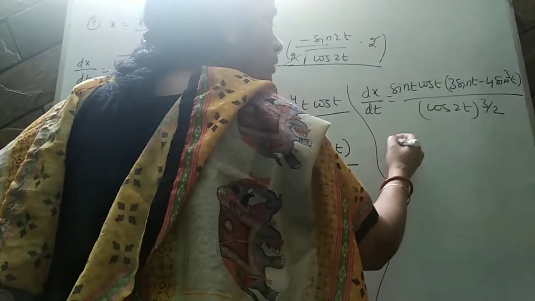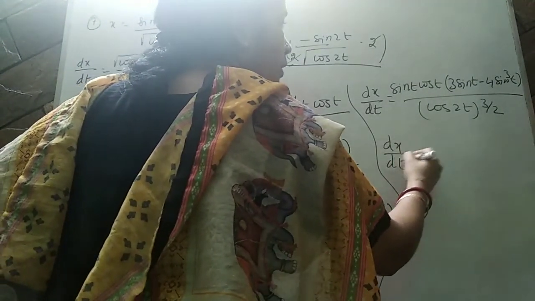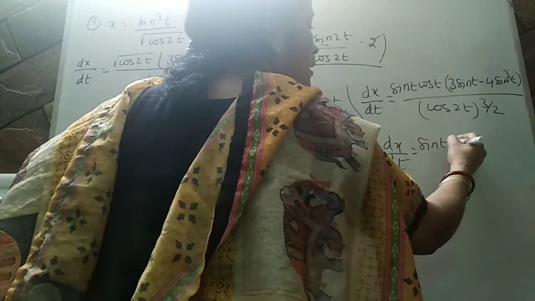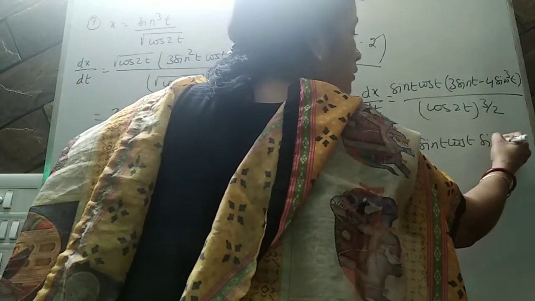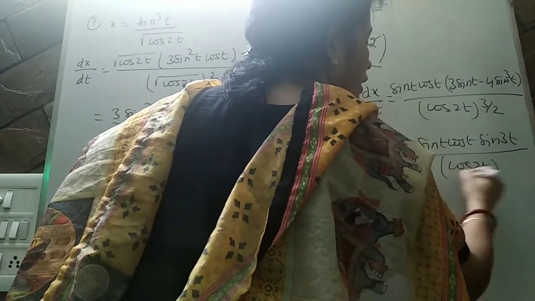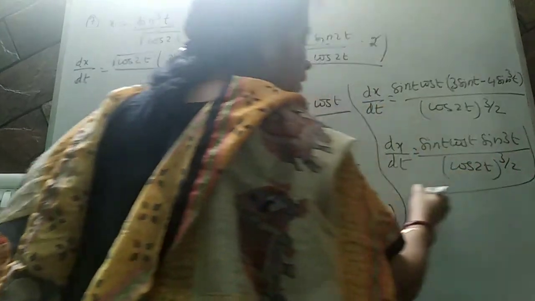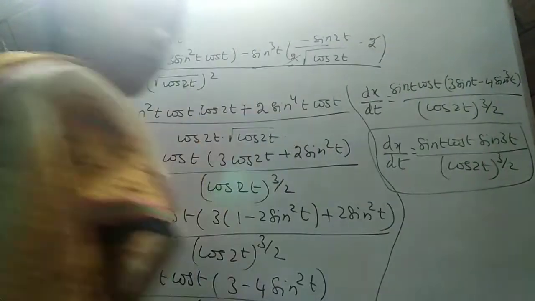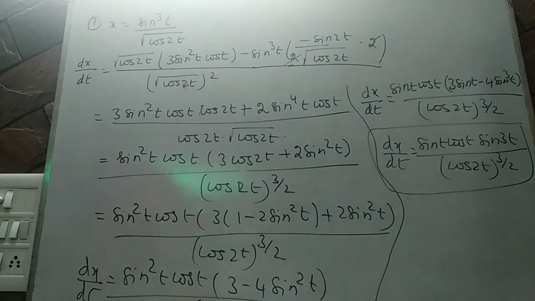Now what is the formula? So dx by dt equals, the final answer, sin t cos t into sin 3t, the whole upon cos 2t whole power 3 by 2. So this is dx by dt. Similarly, we will find dy by dt. Better write down fast, hurry up.